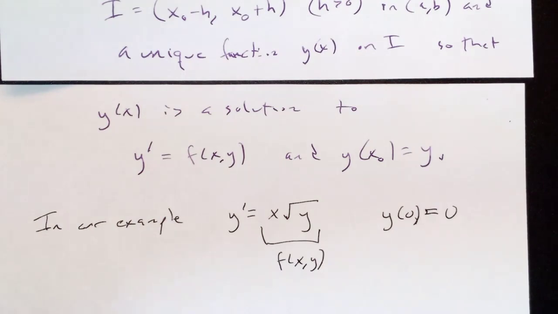Our initial condition was y of 0 equals 0, right? For that problem, we had y of 0 equals 0. This is our f of xy.